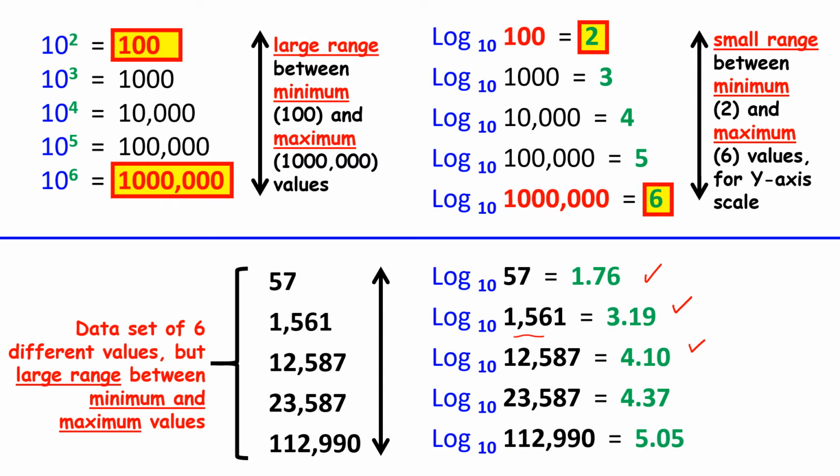So hopefully you guys can see that it would be very difficult to plot the data set on the left from 57 up to 112,990 on the linear scale. We're going to use a log scale to convert these numbers into a log number. And we can see hopefully it's very easy to plot 1.76, 3.19, 4.10, 4.37 and 5.05 on a log scale, and that would go on the y-axis.